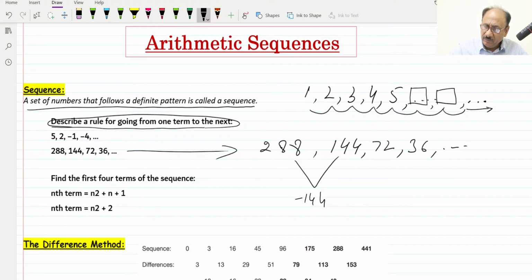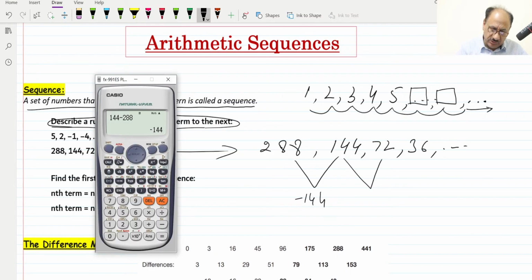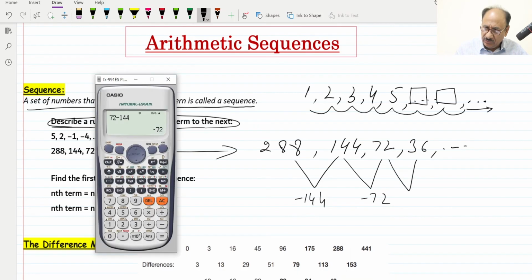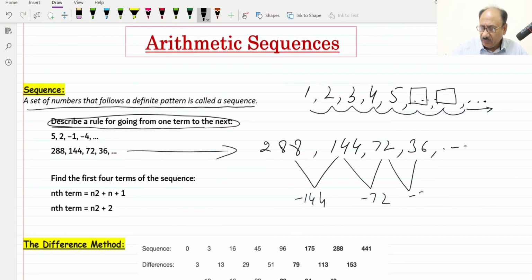And if we check the next difference, 72 minus 144 gives -72, and then 36 minus 72 is -36.